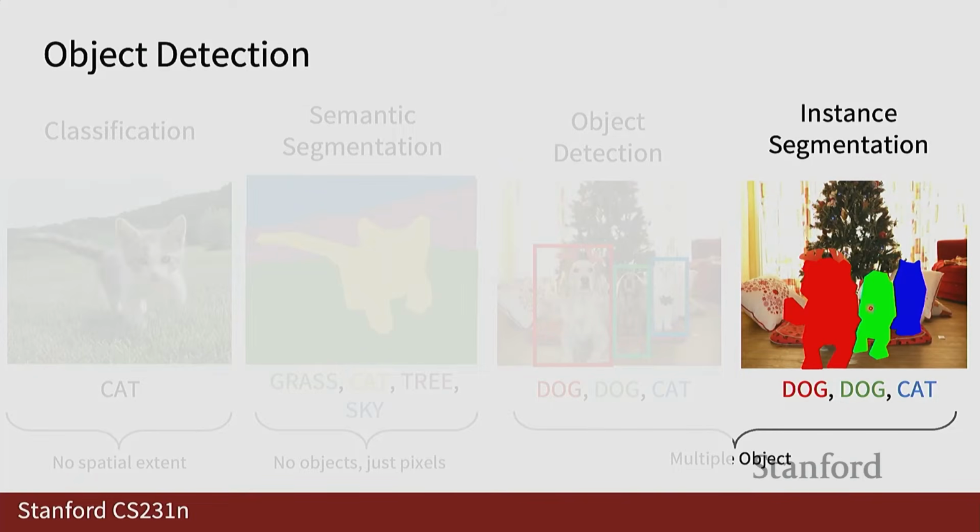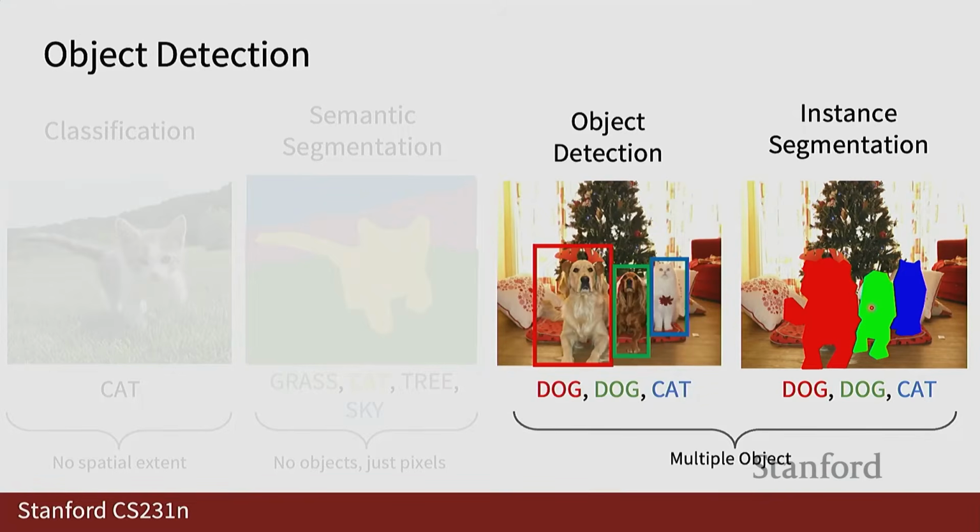And for doing that, what we need is understanding multiple objects in the image, and that brings us to the topic of object detection. Object detection has been, after image classification, one of the core computer vision problems and tasks.